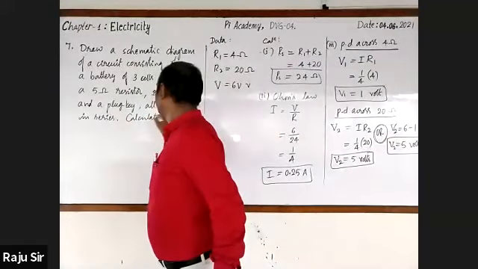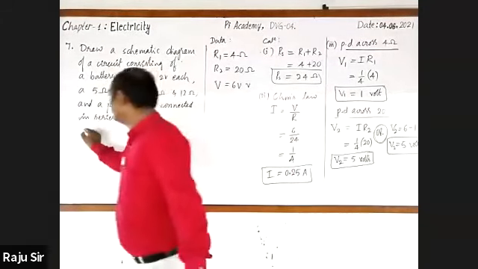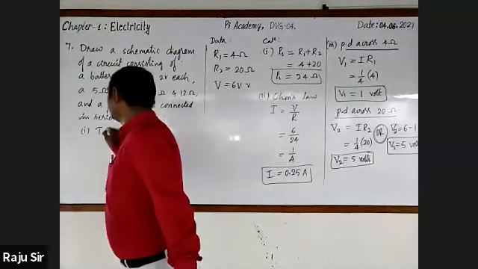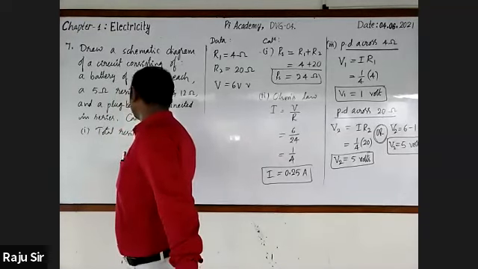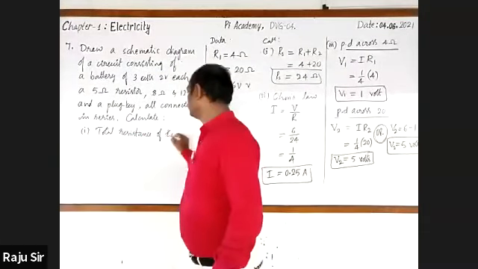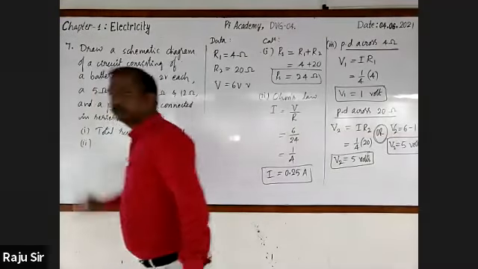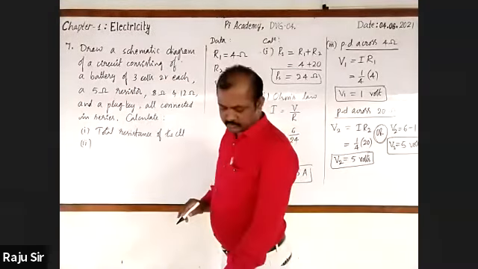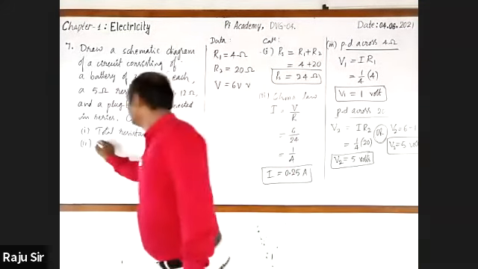Calculate. The possible questions are: first, total resistance of the circuit. Second one, total current flowing in the circuit.